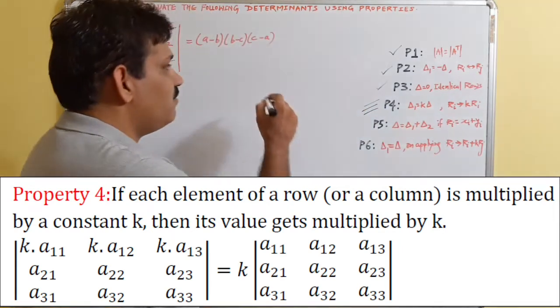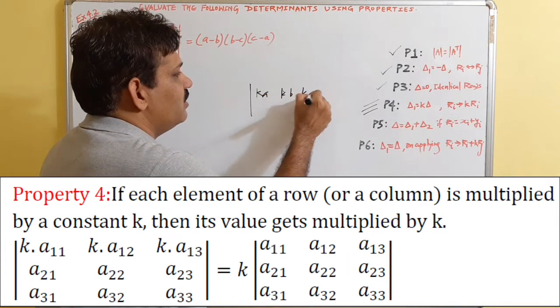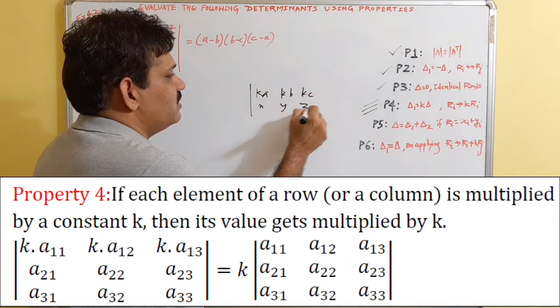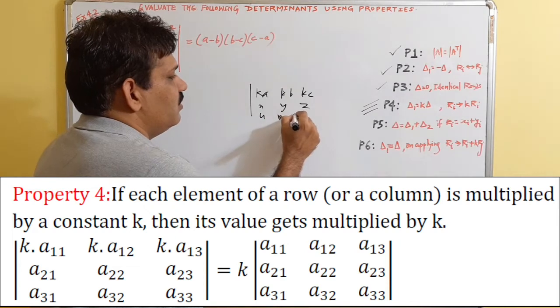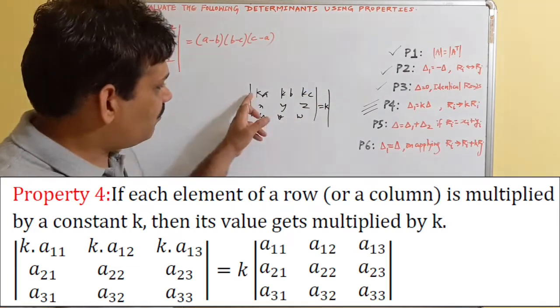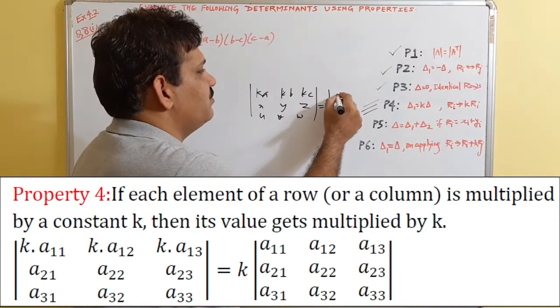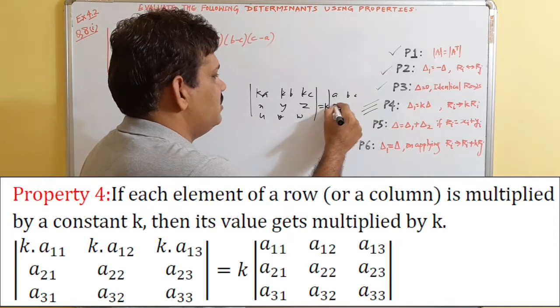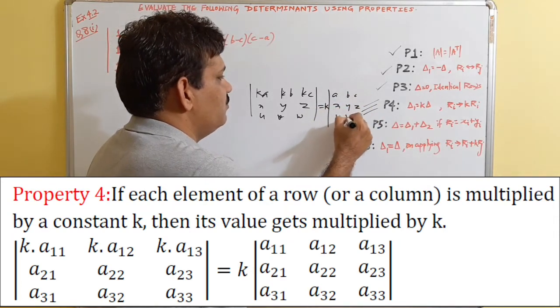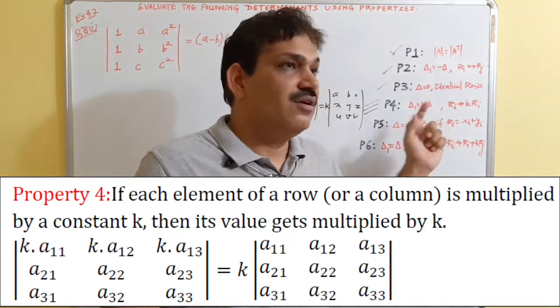See, if I have a determinant with rows ka, kb, kc; x, y, z; u, v, w, then I can take k common from a particular row. That is the most important property which will widely be used. So the determinant becomes k times the determinant with rows a, b, c; x, y, z; u, v, w. So this is how it works.